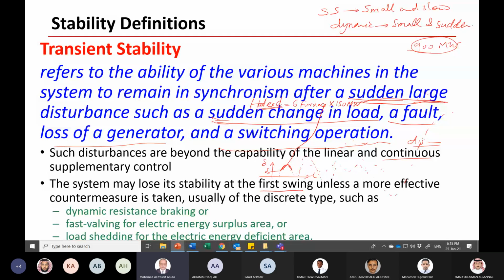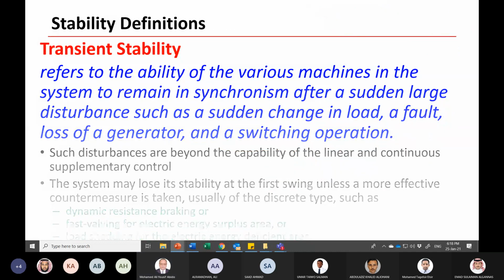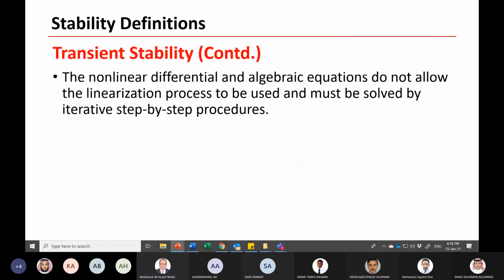You need to disconnect some loads if the frequency is going down. Is it clear? Okay.